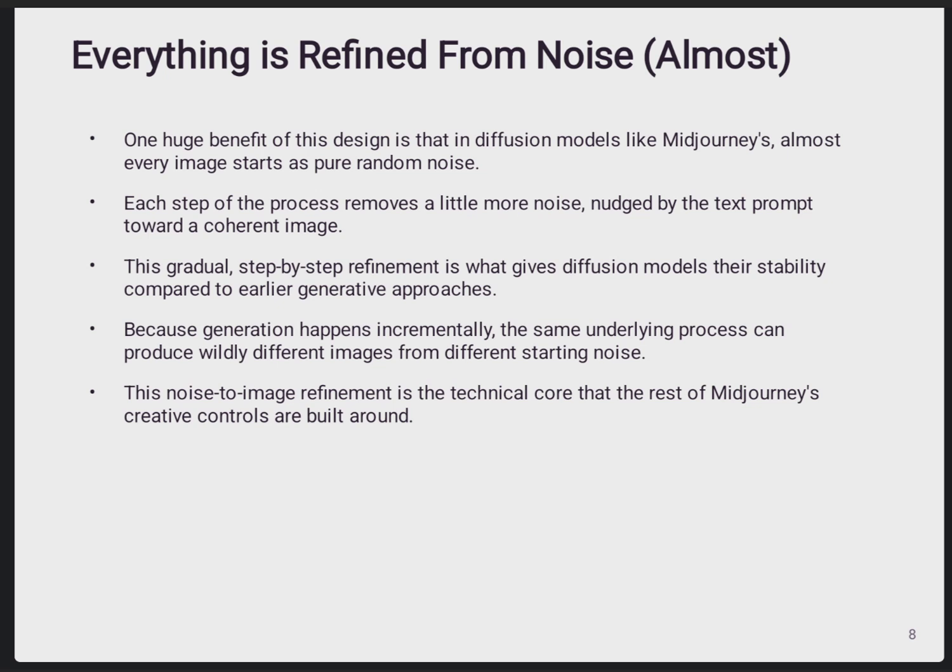This gradual, step-by-step refinement is what gives diffusion models their stability compared to earlier generative approaches. Because generation happens incrementally, the same underlying process can produce wildly different images from different starting noise. This noise-to-image refinement is the technical core that the rest of Midjourney's creative controls are built around.